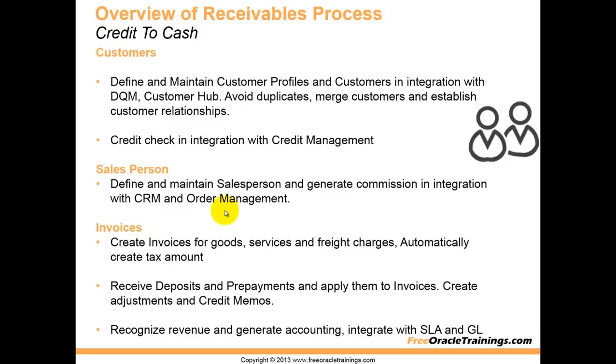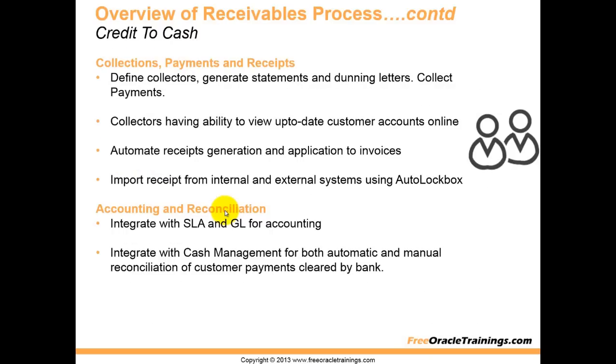We'll start with the customers. As a part of your receivable process flow, which is also called the credit to cash process flow, which is a subset of the order to cash lifecycle, you've got customers, salesperson, invoices, payments, and receipts. That's what all of these constitute your receivables.